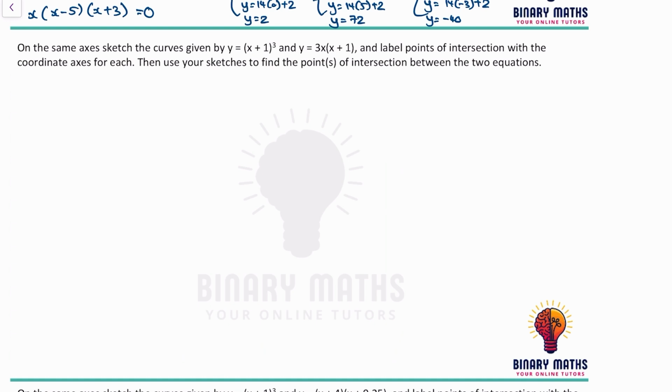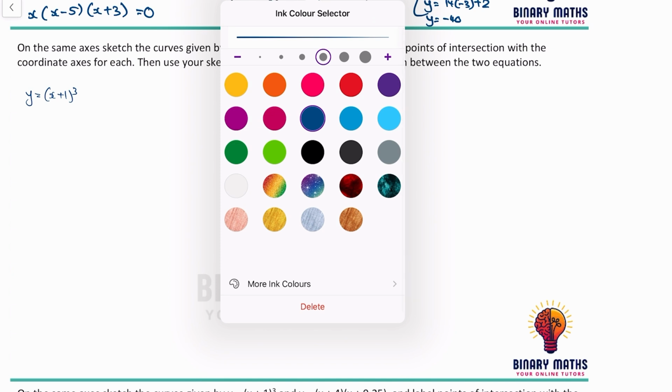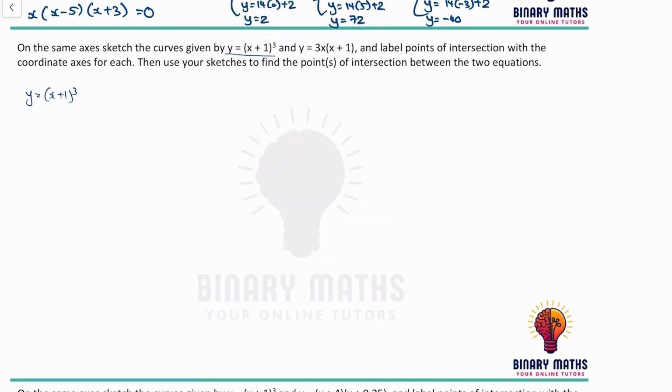Okay, we've got a cubic graph, which is this one. Y is equal to x plus 1 cubed. Okay, now what I do know is the x-intercept is x equals negative 1, a triple root, because x equals negative 1 is a root 3 times.